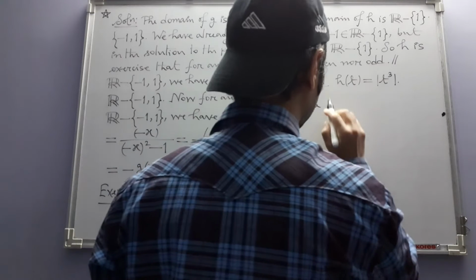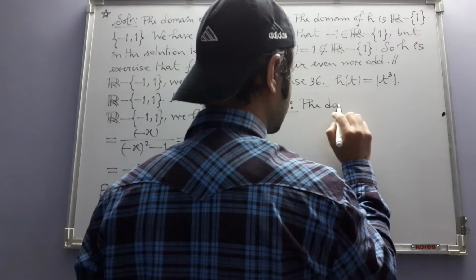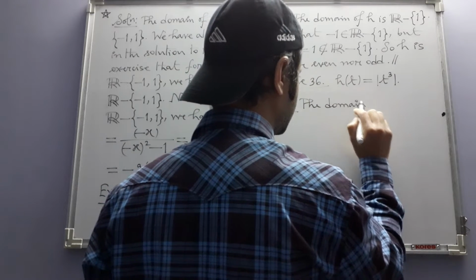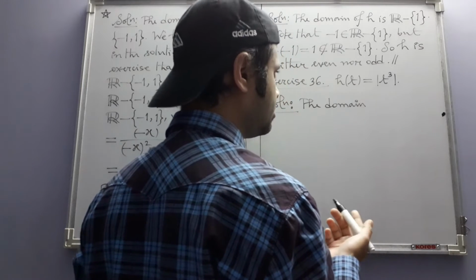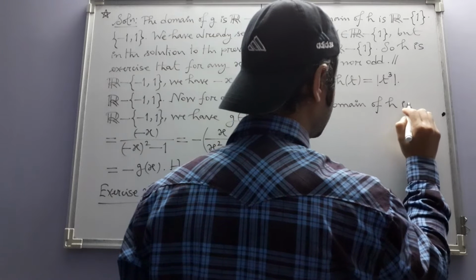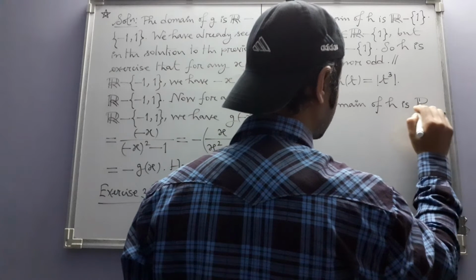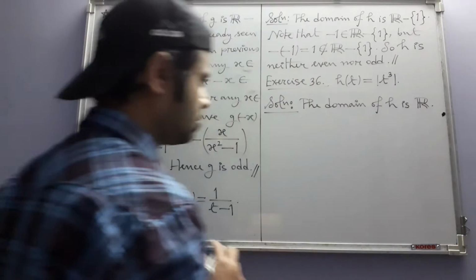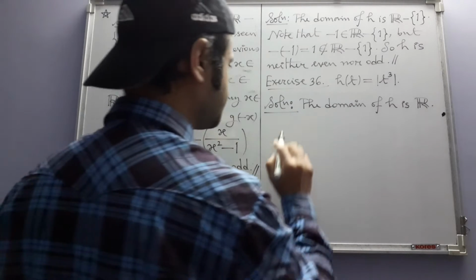So we start with the domain. Here there is no restriction in taking t. T can be any real number. The domain of H is the full set of real numbers.